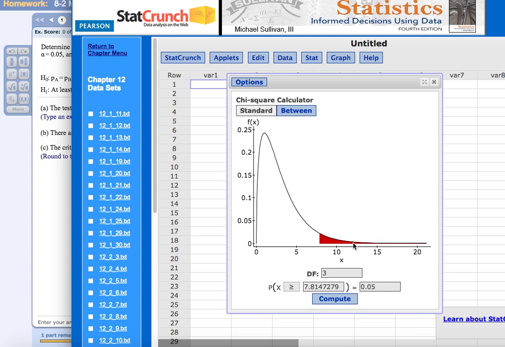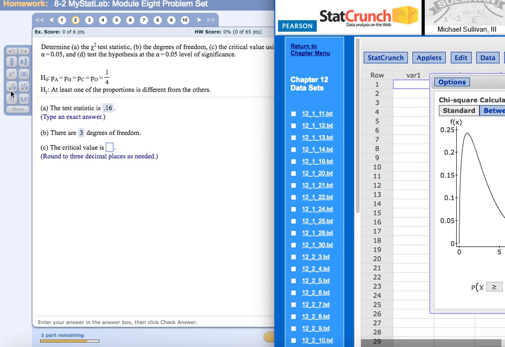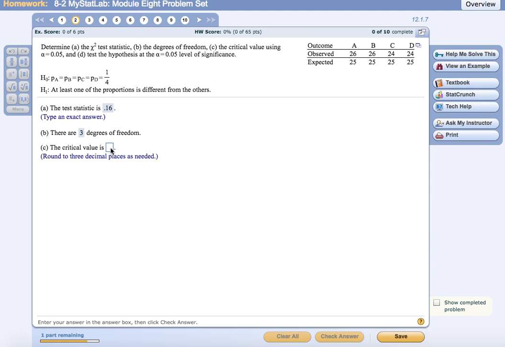So this is 0.05 under here. And then this is our critical value, 7.814, so on. So let's go ahead and put that in here to 3 decimal places. 7.815.